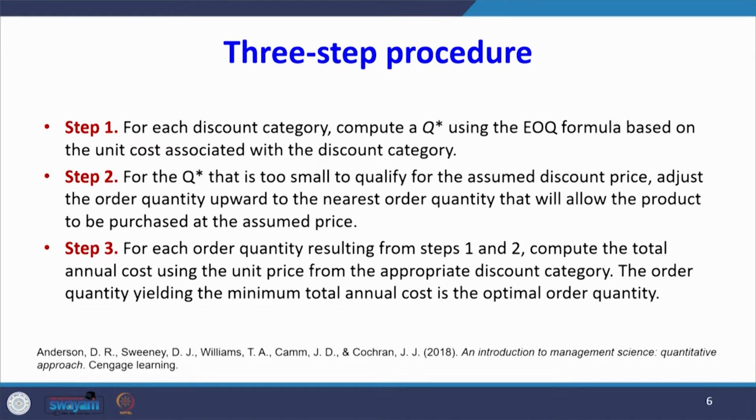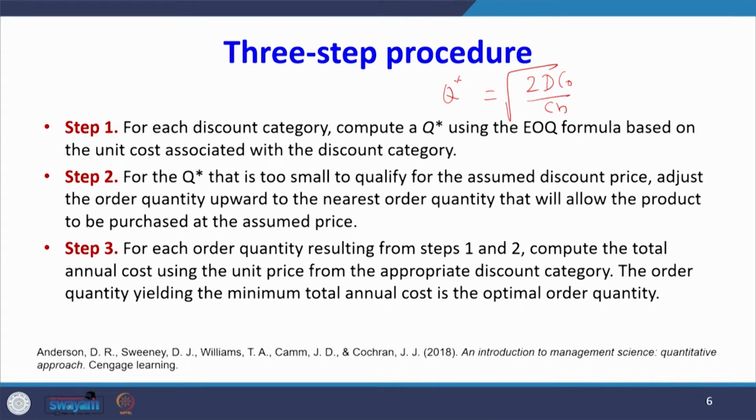There is a 3-step procedure to solve this kind of problem. Step 1: for each discount category compute a Q star. Q star is using our traditional EOQ model. What is the EOQ model? Square root of 2 D C naught by C H, that is our Q star.